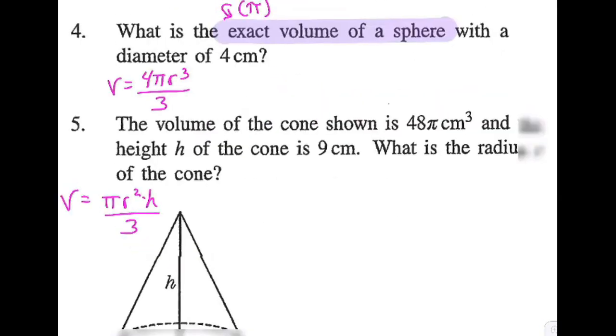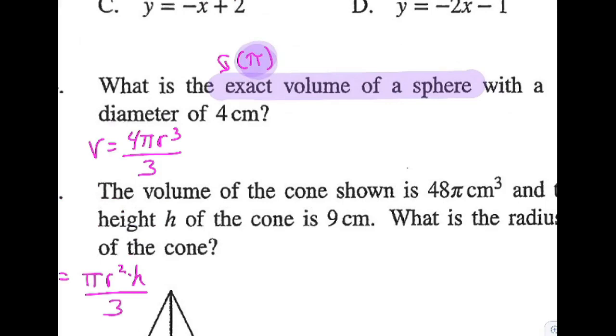Number 4. It says the exact volume, which is another way of saying in terms of pi. We've seen in terms of pi before, but another way to say that is exact volume. So here's your formula, which will be given to you. That's what the formula looks like after you plug in the 2 for the radius, because the diameter was 4, but you really want the radius.